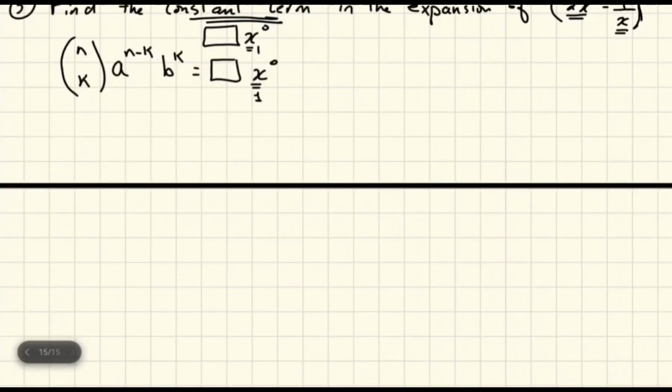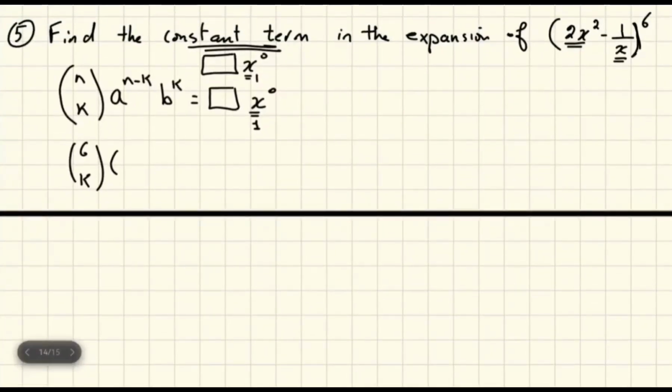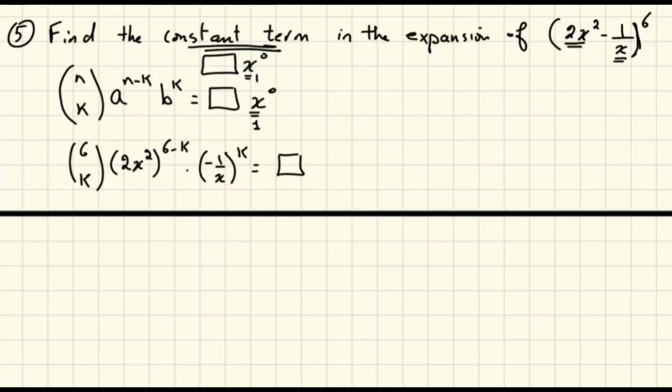Now, n in this case is 6, k is k, and a is 2x squared, exponent 6 minus k, multiplied by b, which is negative 1 over x, exponent k, and I know that my answer will look like this.